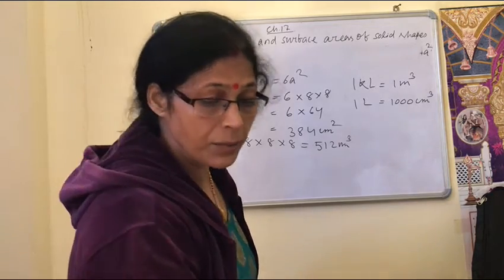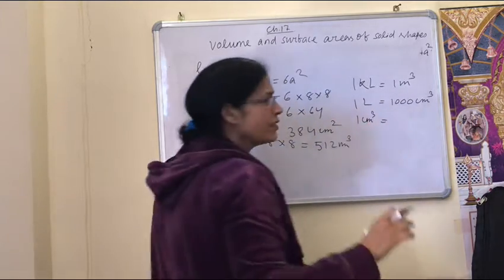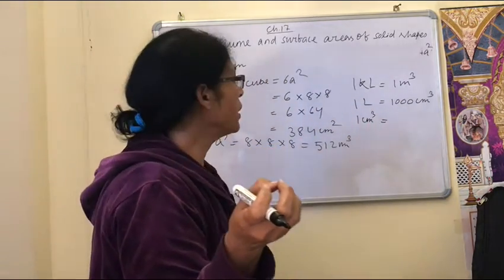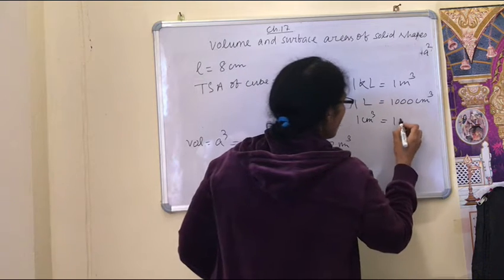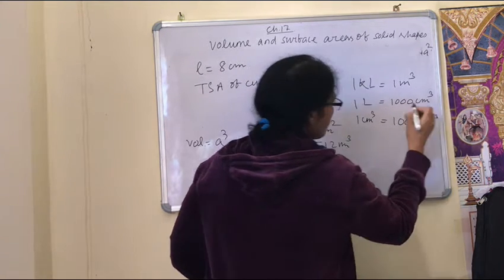Then 1 centimeter is 10 millimeter, so 1 centimeter cube is 10 into 10 into 10 millimeter cube.